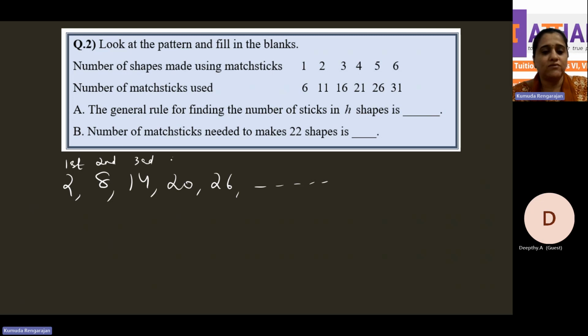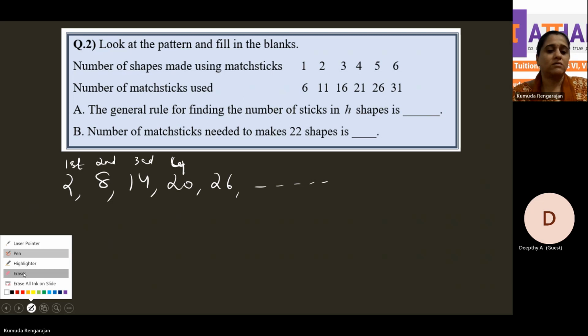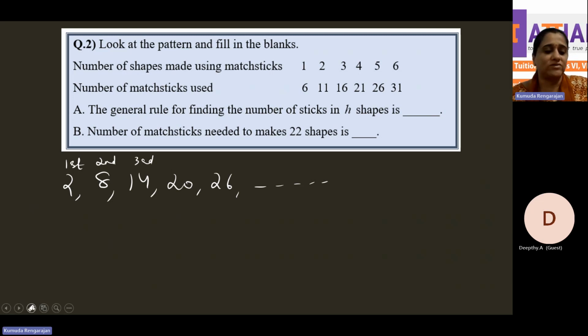This is the third term. This is the fourth term, and so on. I want the rule. My question is, what is the rule for this sequence or for this pattern? Use the 3-step method.